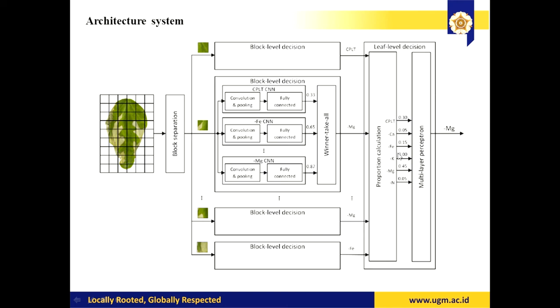After that, we can see the highest two, and the highest is Mg with a proportion of 45%. So after this, we do multi-layer perceptron to choose the highest one, and the result is Mg.